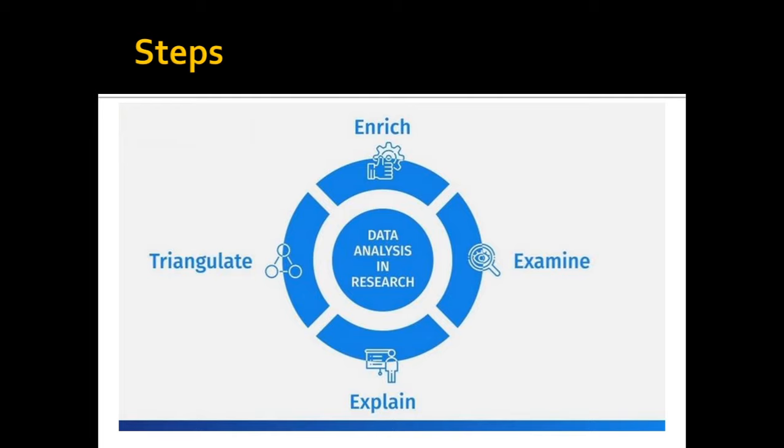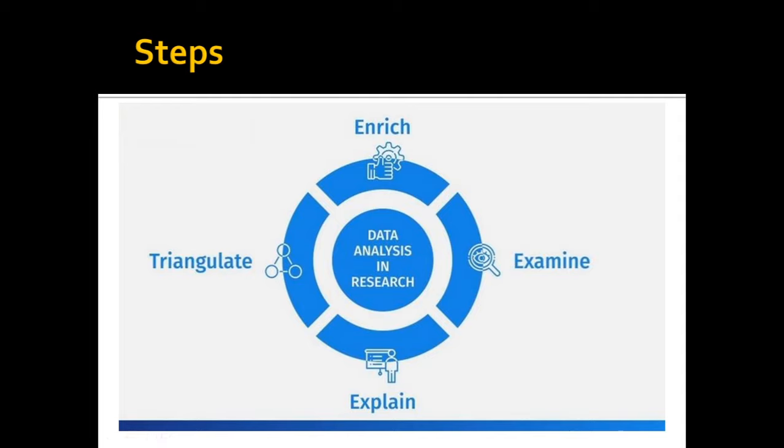The purpose of this picture is to understand that when you have data, you must know these four words: examine, explain, triangulate, and enrich. So this is the cycle you have to understand. When you get the data, it is examined.